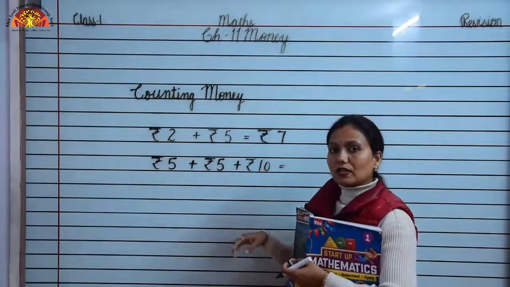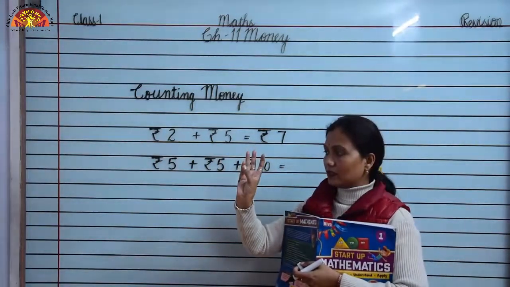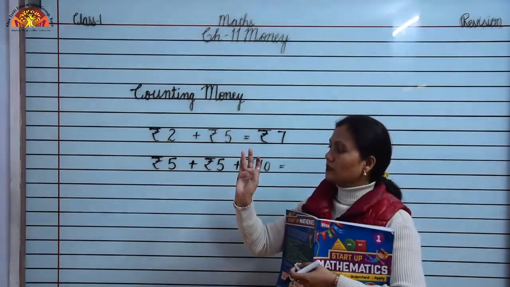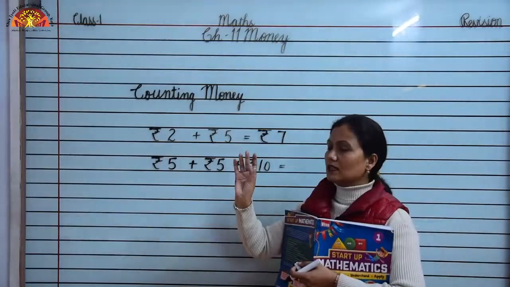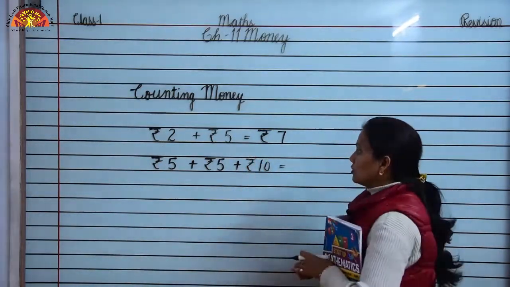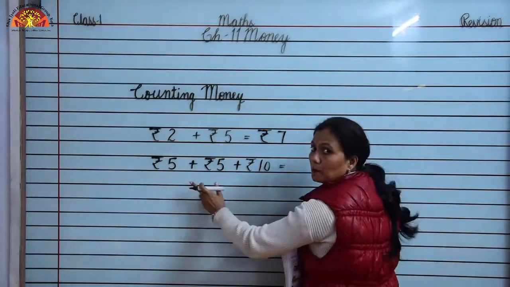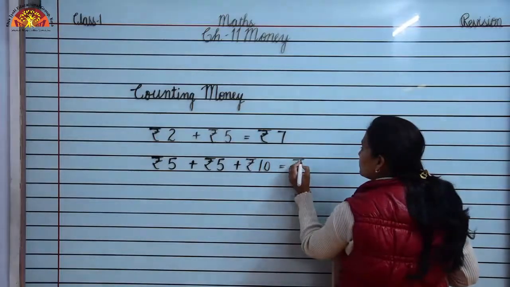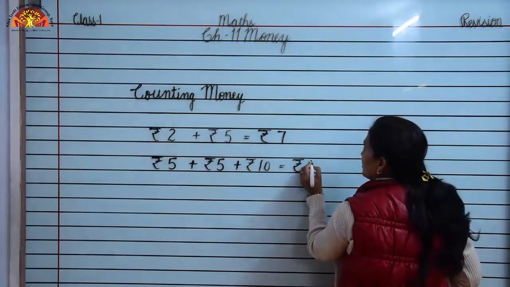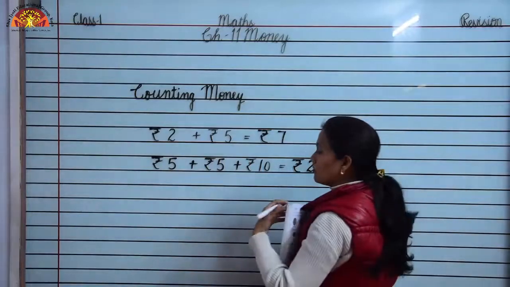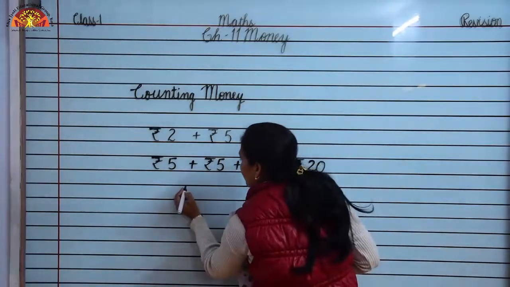So start counting after 10. 11, 12, 13, 14, 15, 16, 17, 18, 19 and 20. So rupees 5 plus rupees 5 plus rupees 10 is equal to rupees 20.